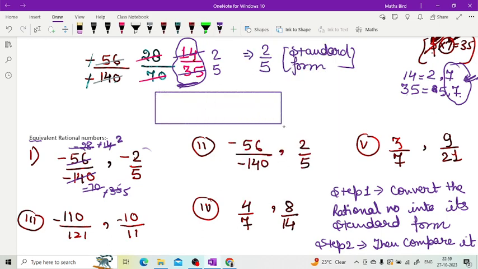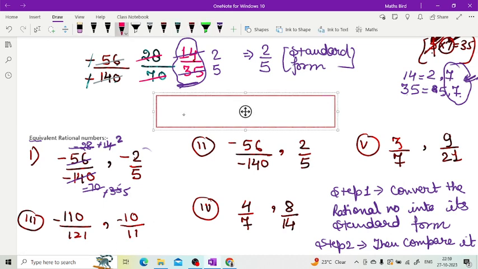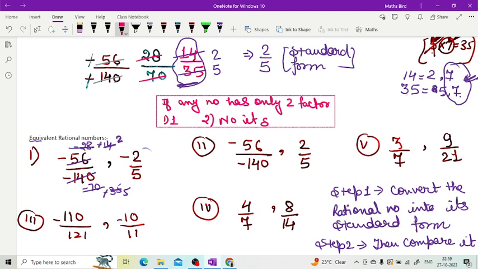If any number has only two factors, the first is 1 and the second is the number itself, then it is called a prime number.